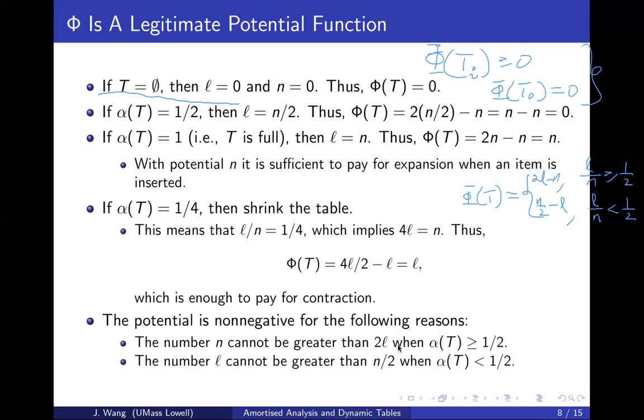If alpha of T is exactly 1/2, then 2L is equal to n. So this is also 0. And then when alpha of T is 1, then we get 0.